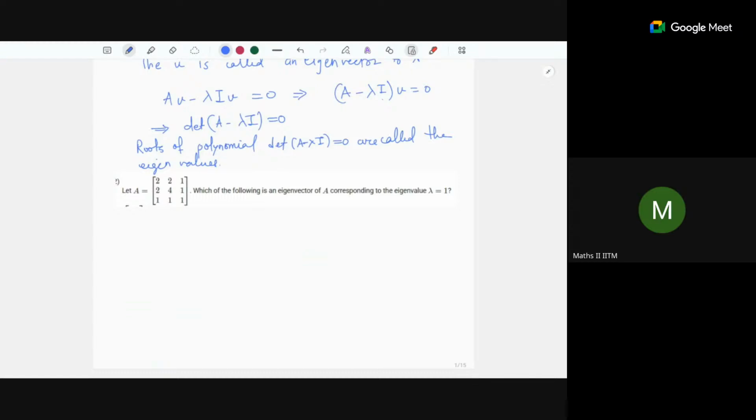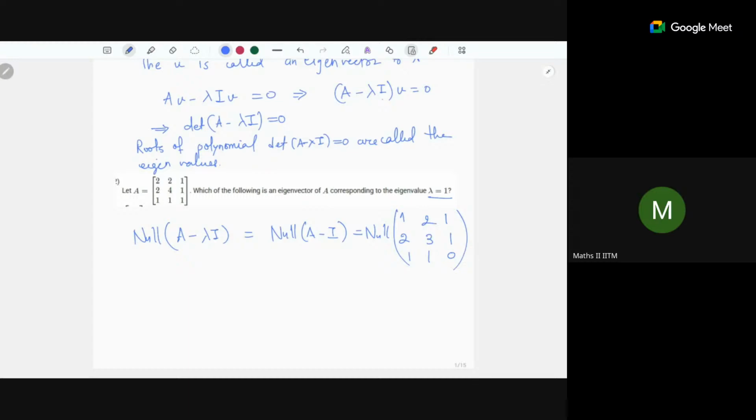We need to find the basis of the null space of A minus lambda I, which in this case is A minus I, with rows 1, 1, 2; 1, 2, 3; 1, 1, 1, 0.